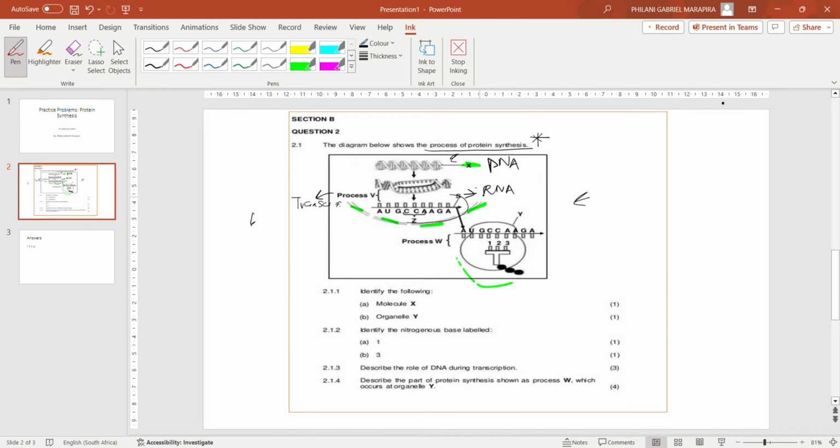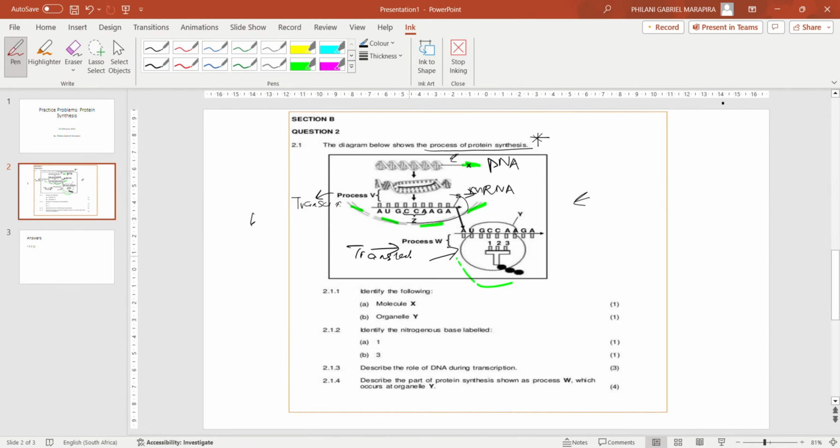So now we can see that this mRNA has moved out of the nucleus and went to this organelle called the ribosome. We are sure that it's a ribosome because we know that protein synthesis involves two organelles. The process that takes place at the ribosome is called translation. So we know that certainly this process is translation.